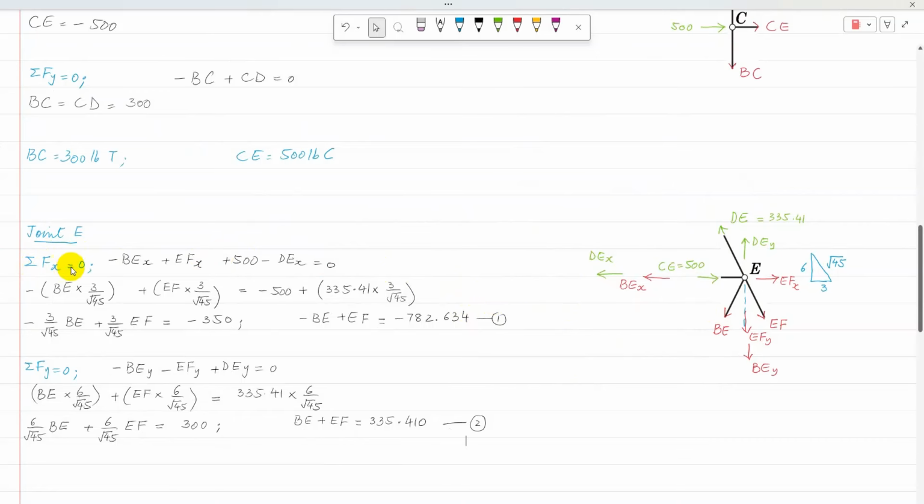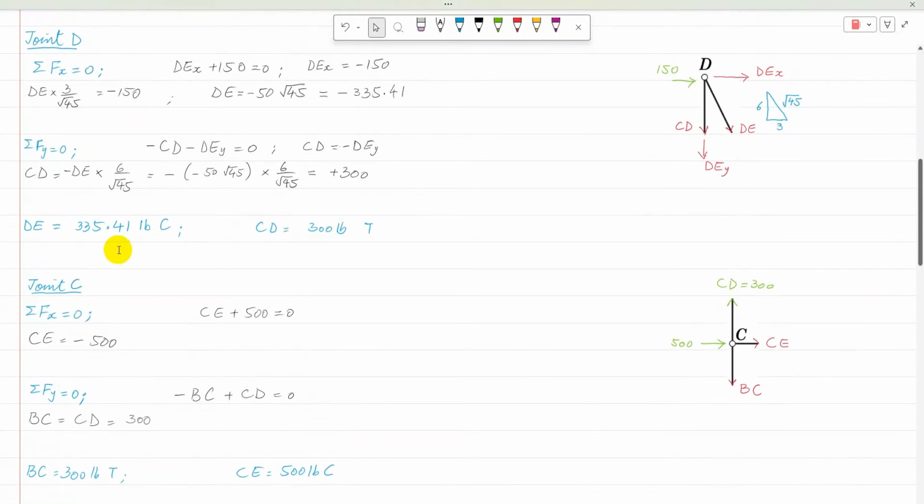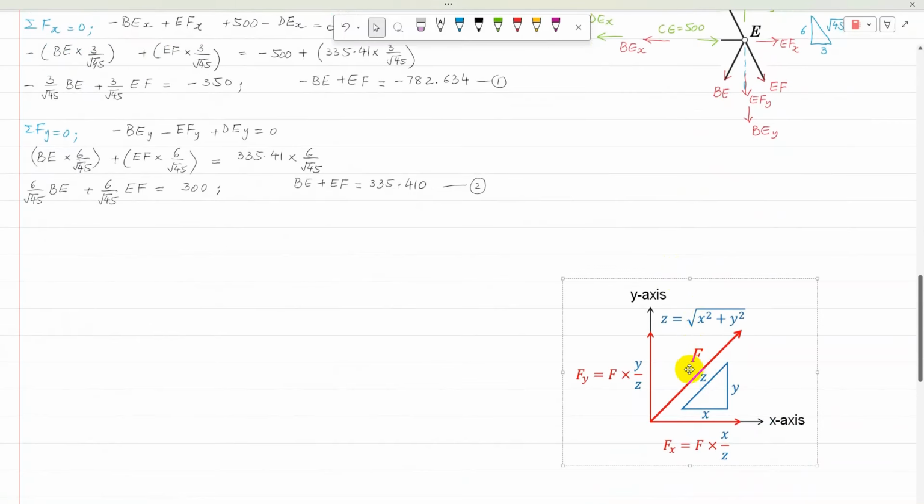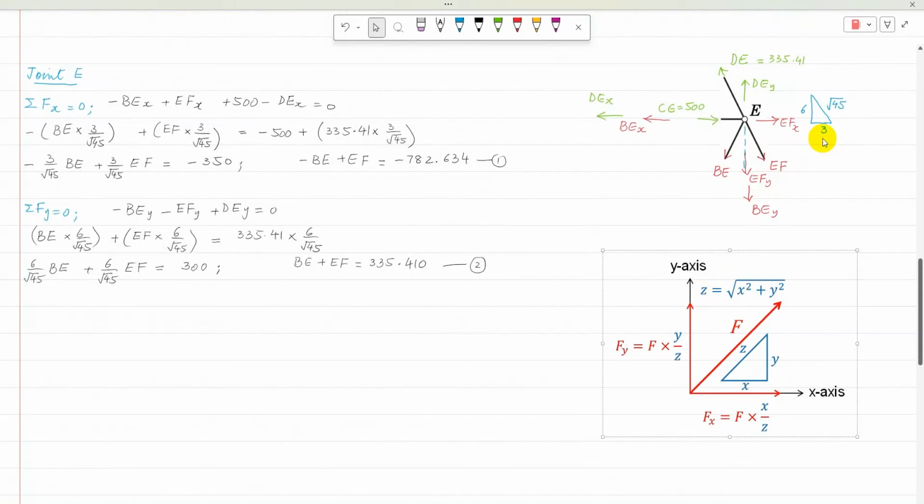Now applying sigma Fx equal to 0, I have EFX positive, CE as 500 positive, then BEX negative, DEX negative. So I'll get minus BEX plus EFX plus 500 minus DEX. Now DE is 335.41. Then I can substitute the values, and BEX using the triangle is horizontal side over diagonal, so 3 over root 45.